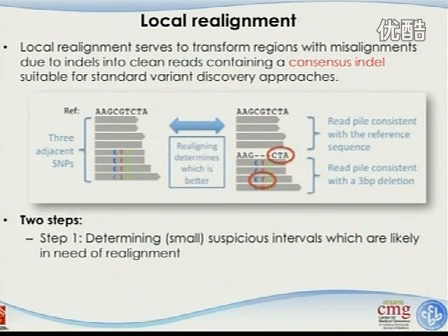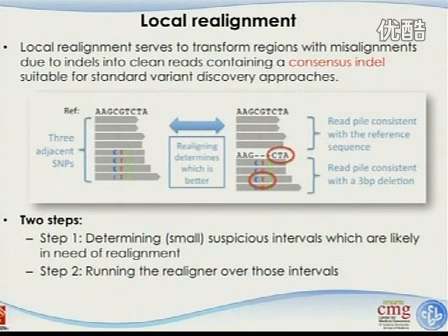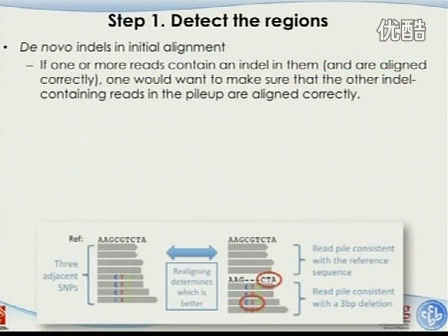The first one is to identify small suspicious intervals which are likely to have a small insertion or deletion. For those regions, we probably need the realignment, so we need to find those regions first. And the second step is to run the realigners over these intervals and to get better results.